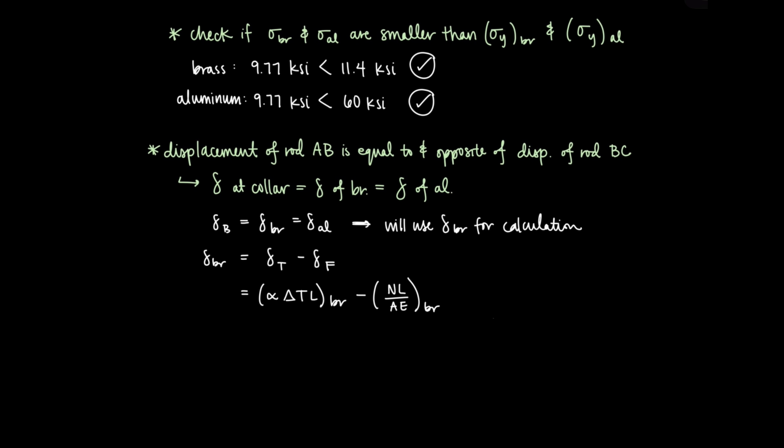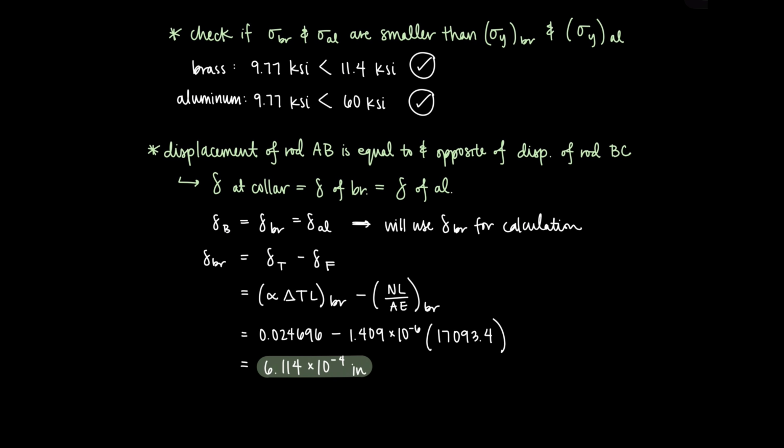Let's pick the displacement of the brass rod to calculate, since we have all the numbers for that already. Subbing the values we calculated before, thermal expansion and compressive force contraction, and the value for the internal axial force F, we get a total displacement of 6.114 times 10 to the negative fourth inches.